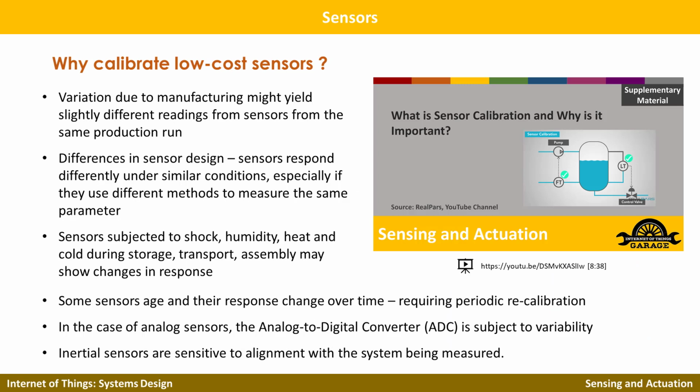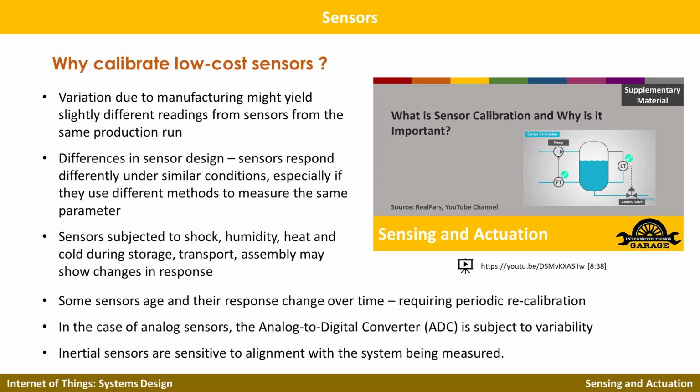An important question that you need to think about when you are working with sensors is, why calibrate low-cost sensors? Variations due to manufacturing might yield slightly different readings from sensors even within the same production run.